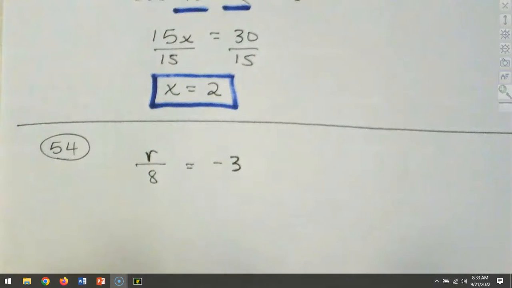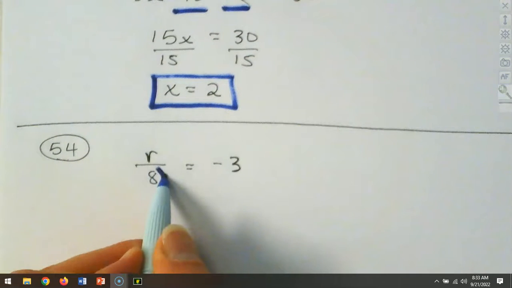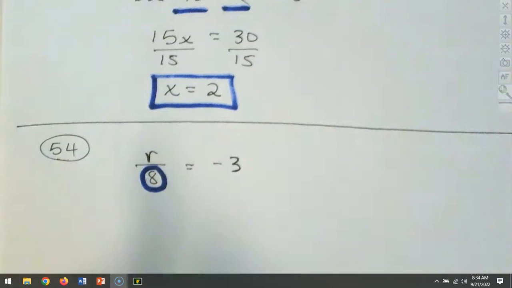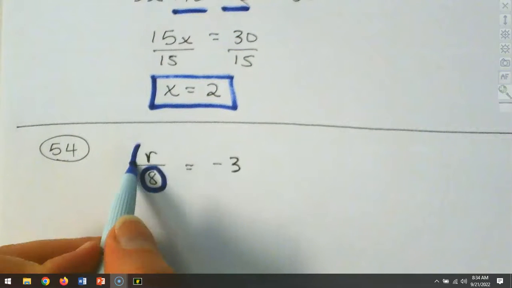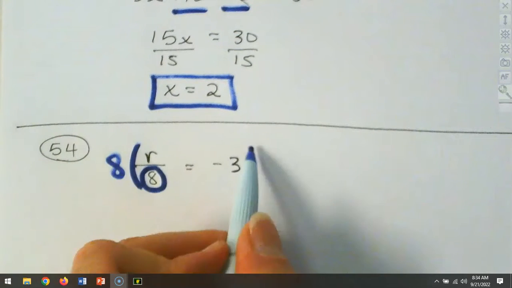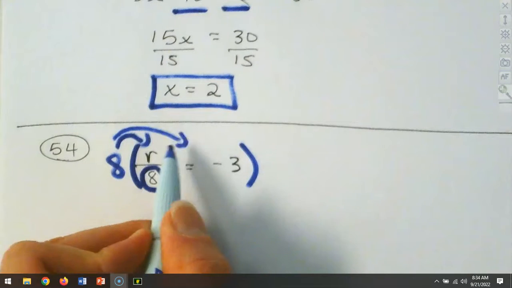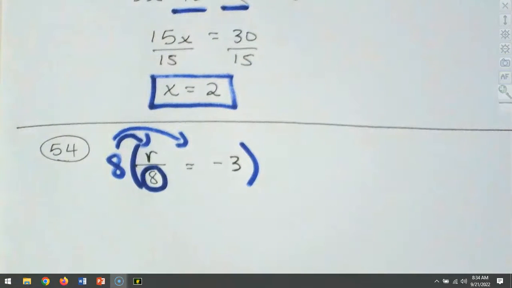So we're going to learn now the basics of how to clear out a fraction. When I look at my fraction, I have the 8 down below in the denominator. So what I'm going to do is multiply each piece by an 8. You have to do it to everything. You can't just do one side, you have to do it all.